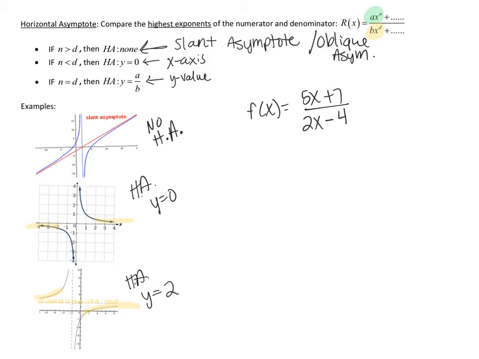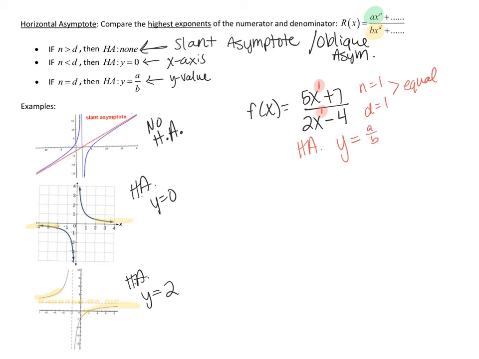When I look at this equation and I want to find the horizontal asymptote, I'm going to compare these highest exponents. When I look at the highest exponent here and here, I notice that they are both a 1, right? No number means there's a 1. So since the numerator's highest exponent and the denominator's highest exponent are both 1, they are equal, which means that I will have a horizontal asymptote at y equals a over b.